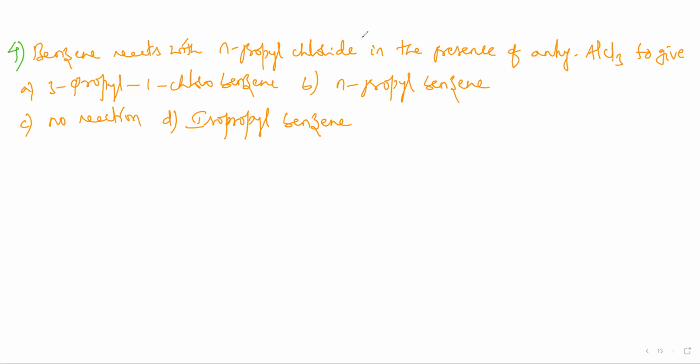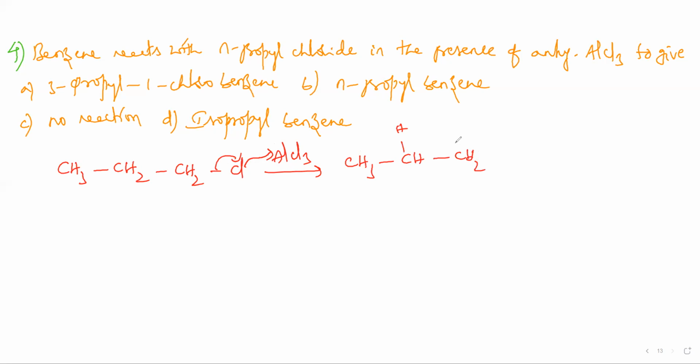Right, let us consider n-propyl chloride, CH3CH2CH2Cl. Now AlCl3 takes away chlorine, so what you are getting is CH3CH2CH2 plus. This is a primary carbocation.